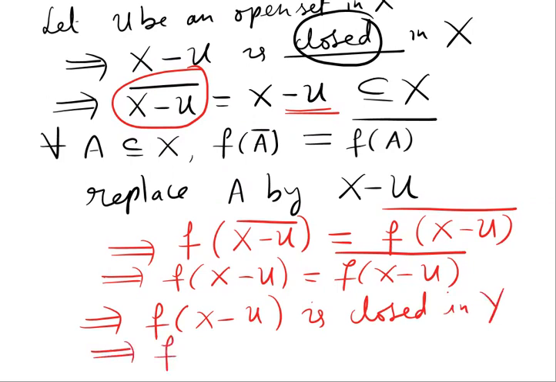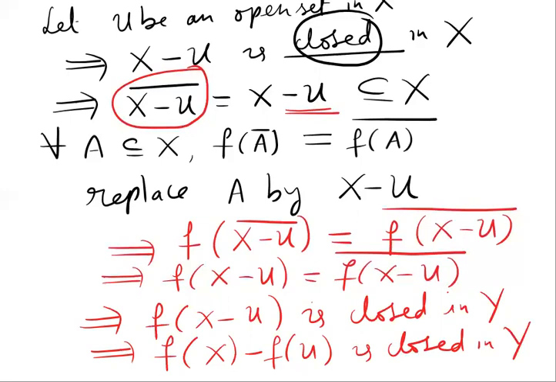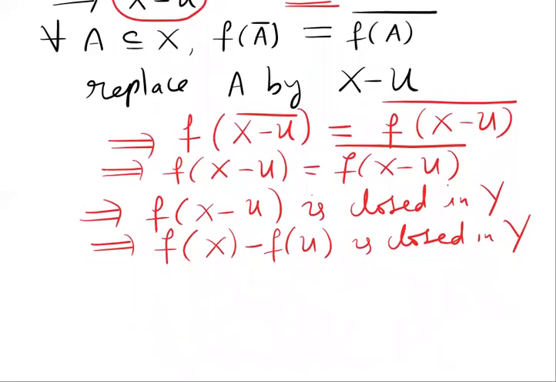So now what is F of A minus B? F of A minus F of B. F of X minus F of U is closed in Y. And what is F of X? Any guesses? F of X is nothing but Y. Because F is bijective, that onto part.